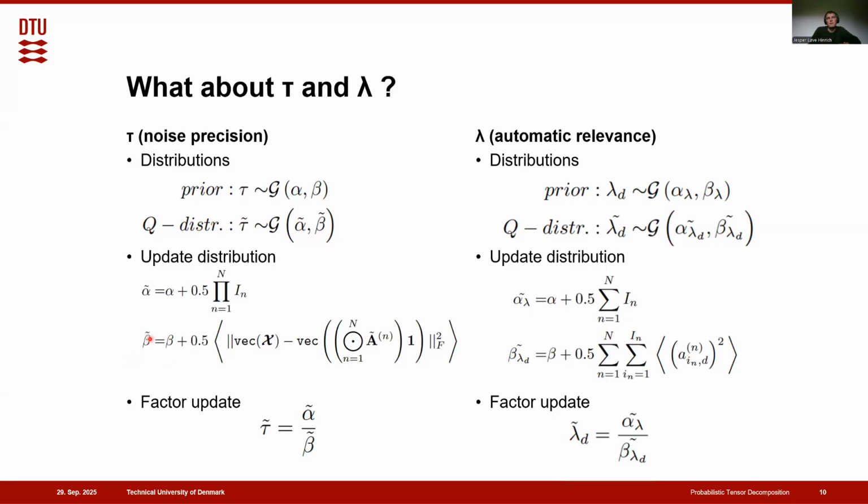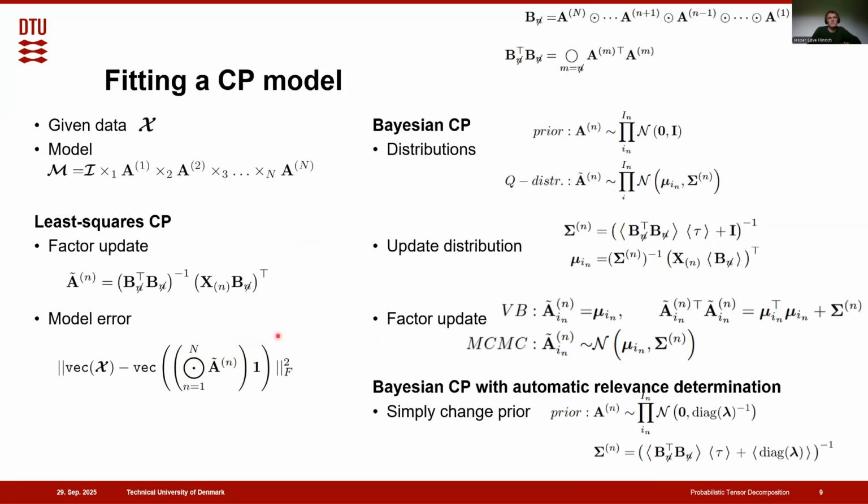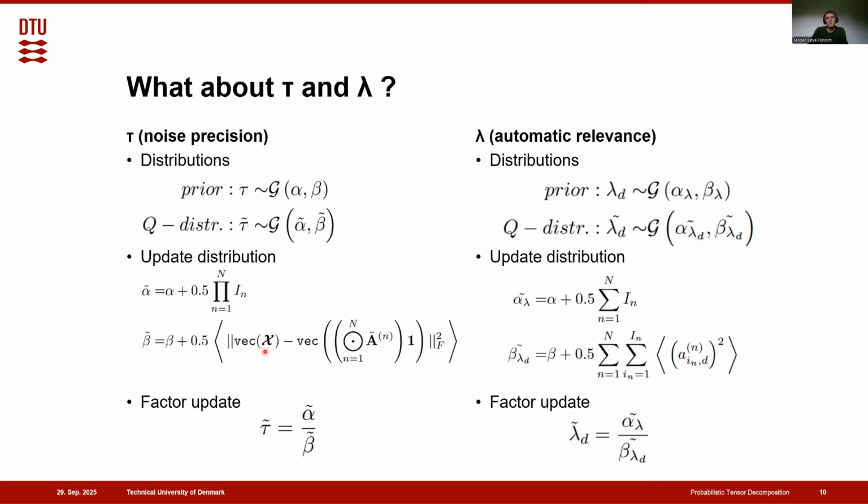And then beta is your prior plus basically your least squares loss, right? This is the exact same as the least squares loss. So we can see this one here, the vectorized data, the vectorized model. It's the exact same. And then you just update by dividing those two by each other.